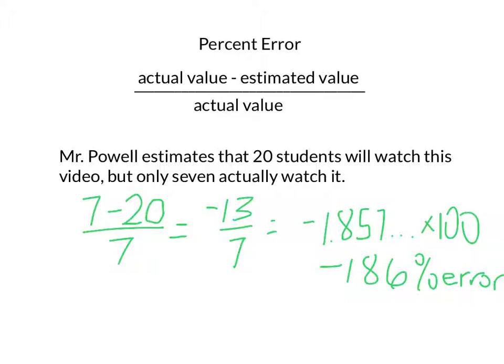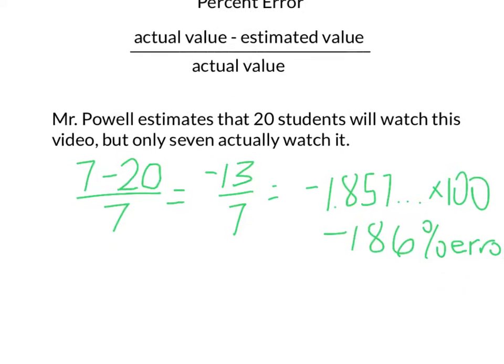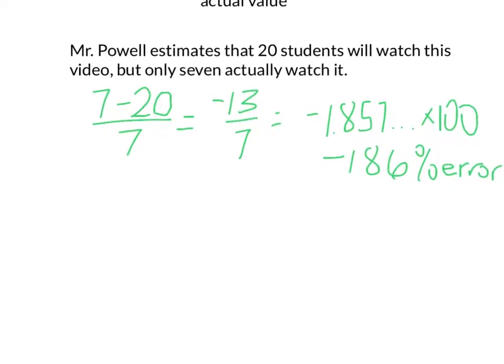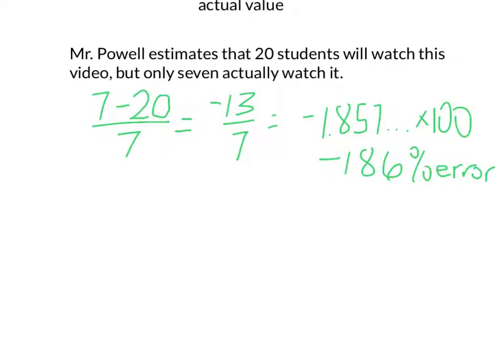Let's say, however, that I think I currently have about 37 subscribers. Let's say that all 37 watch it. So now the actual number is 37. Yeah, something with sevens today, right? Minus 20, and then over 37. So 37 minus 20 is a positive 17, and then we divide that by 37.